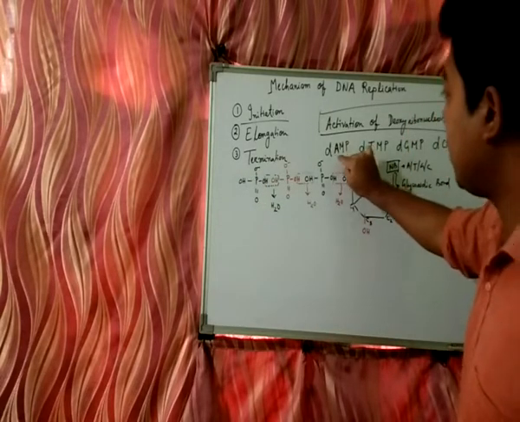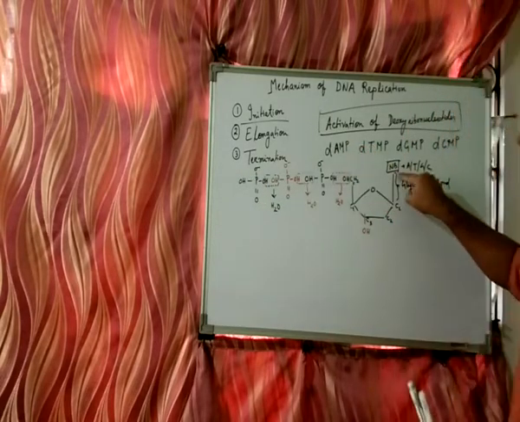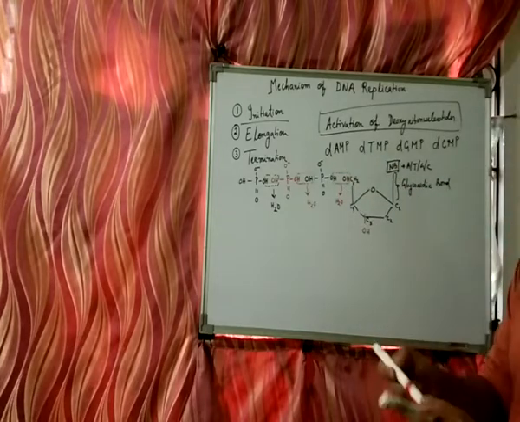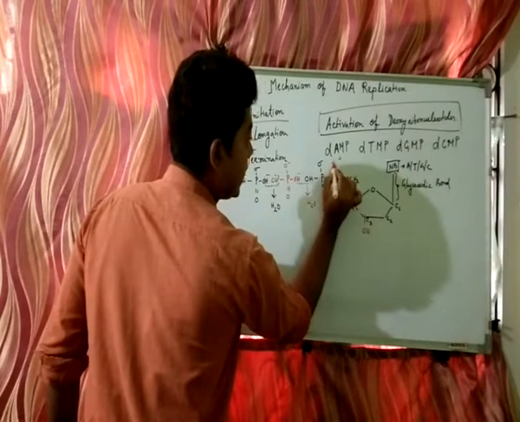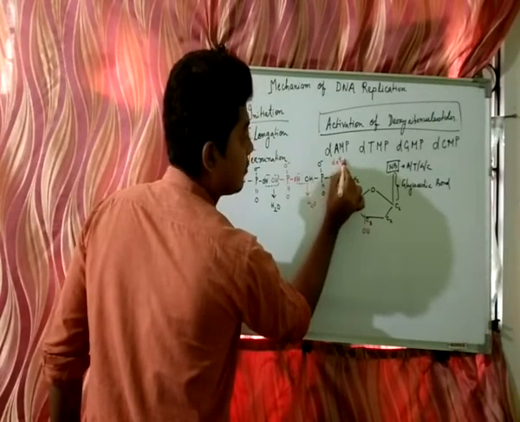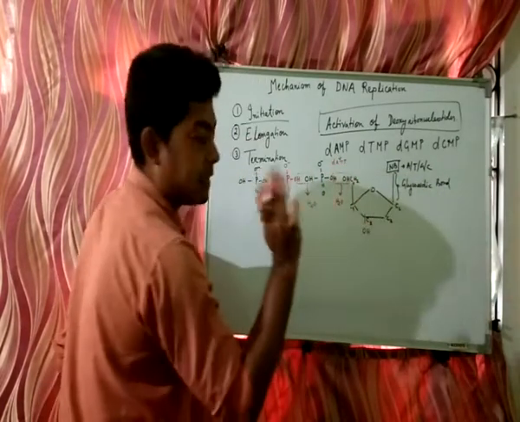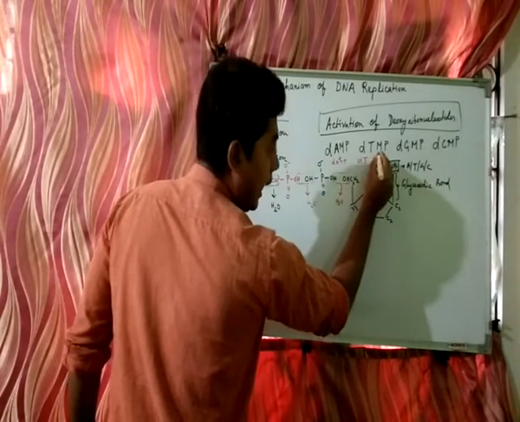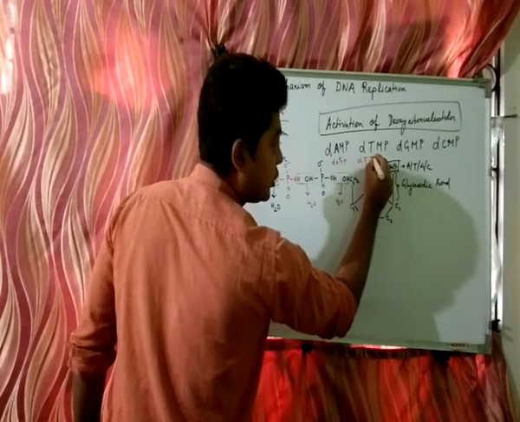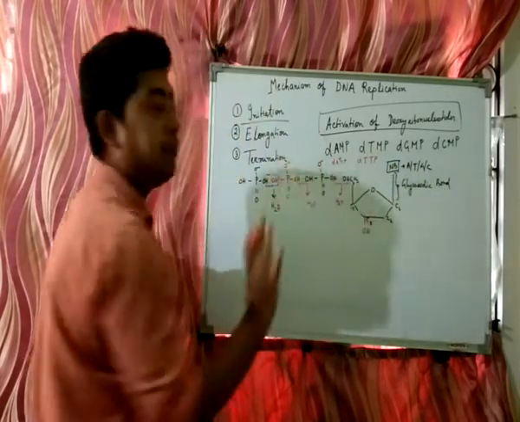Suppose adenine is present. Now it is converted from deoxyadenosine monophosphate to deoxyadenosine triphosphate. Suppose thymine is present. So it is converted to deoxy TMP; instead of M, here we write P, that means TTP.